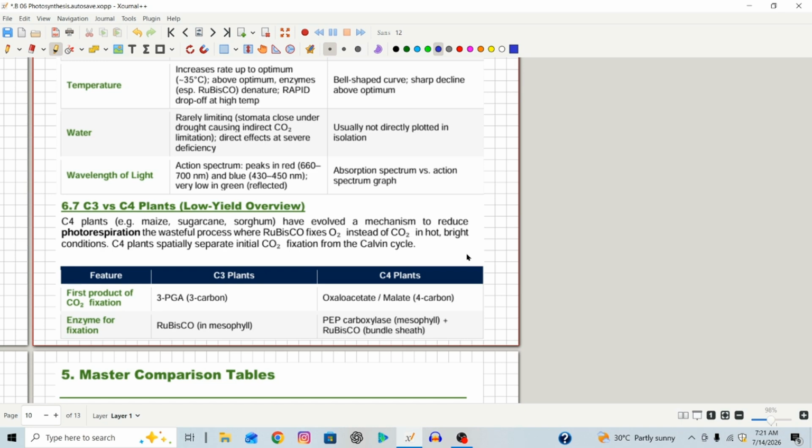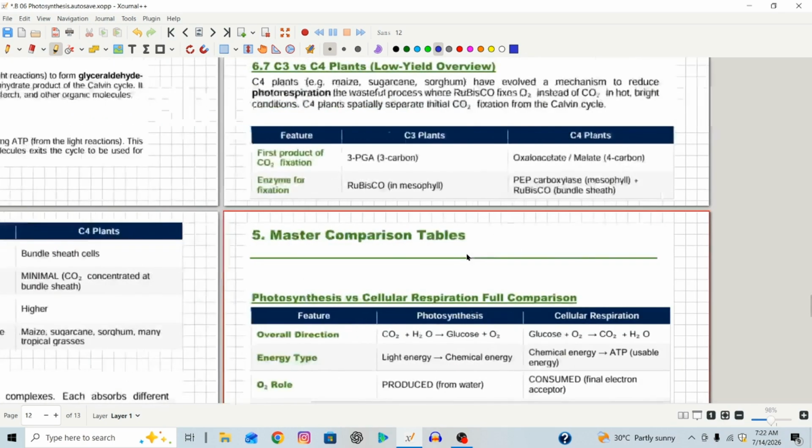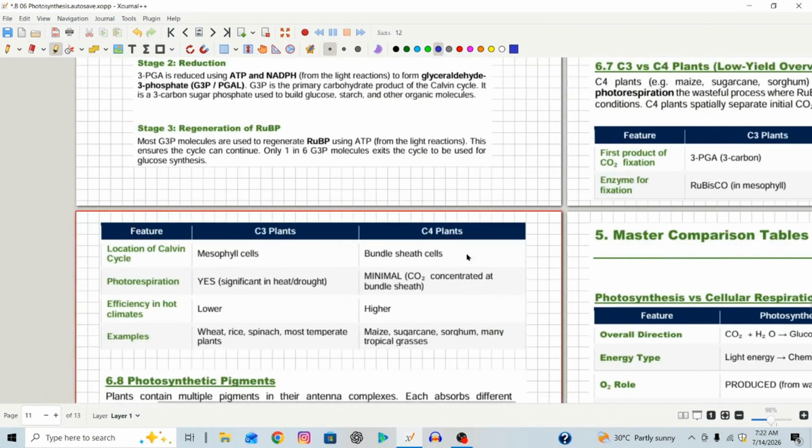The enzyme for fixation in C3 plants is Rubisco. C4 plants also use Rubisco, but they also use PEP carboxylase, also known as PEP. You have already discussed phosphoenolpyruvate carboxylase that was used in your glycolysis process, right? The other difference is the location of the Calvin cycle.